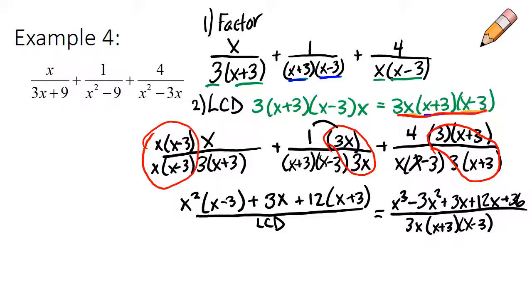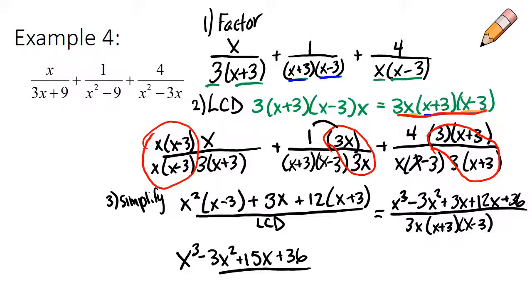The last step here that I'm going to take is combining like terms in that numerator. So we are really taking care of step 3, that's simplify. I have an x cubed. I have a negative 3x squared. I've got 3x plus 12x. So I end up with 15x and a positive 36.